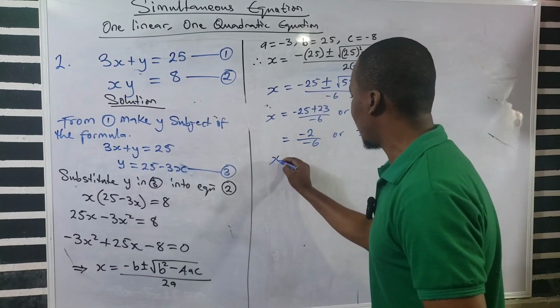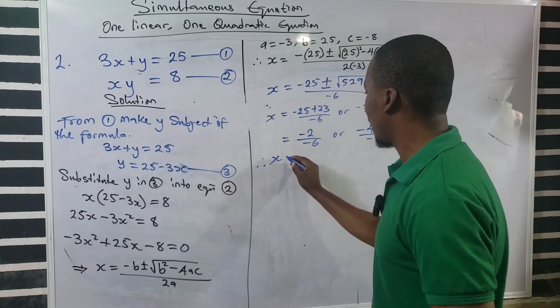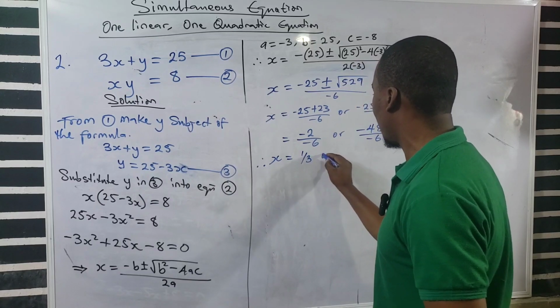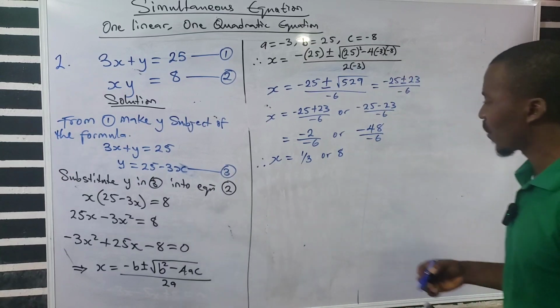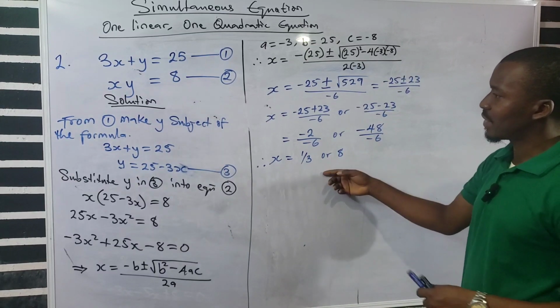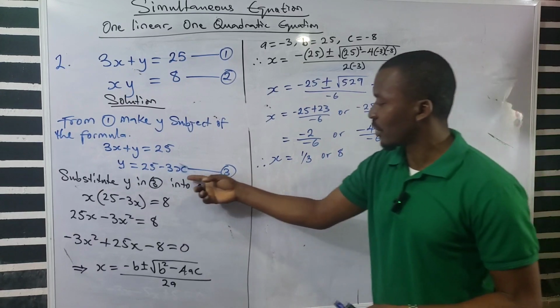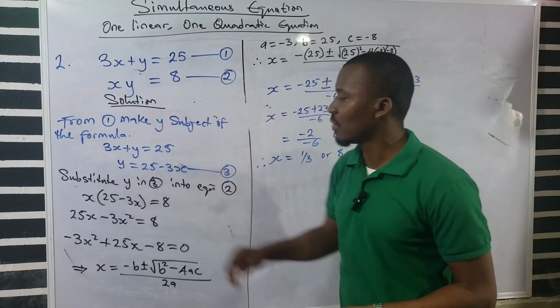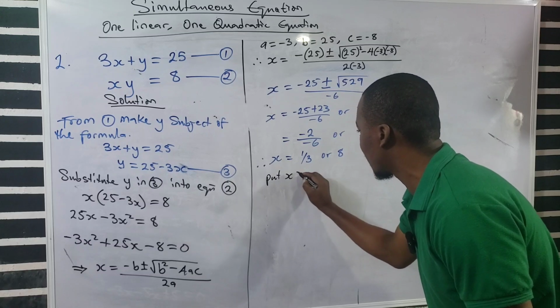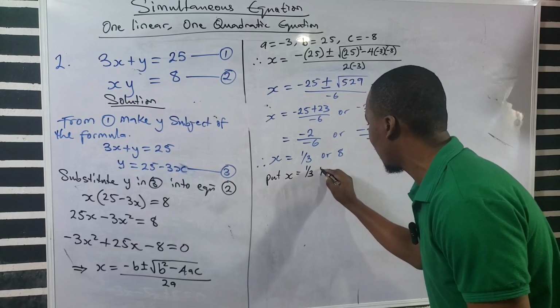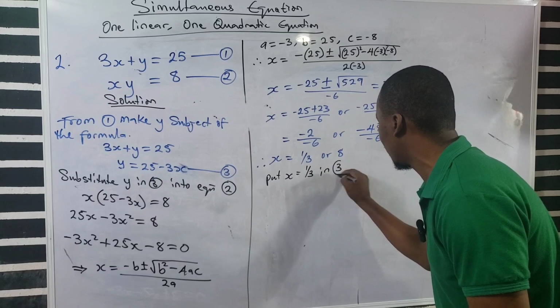So when you divide, you have that x equals 1 over 3, or x equals 8. So these two values of x, we are going to put in equation 3 to get the corresponding value of y. So let us do that. Put x equals 1 over 3 in equation 3.